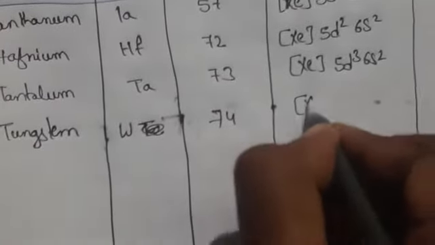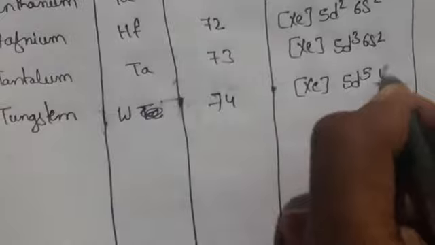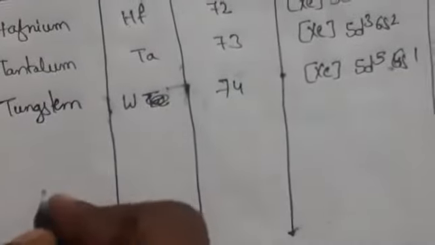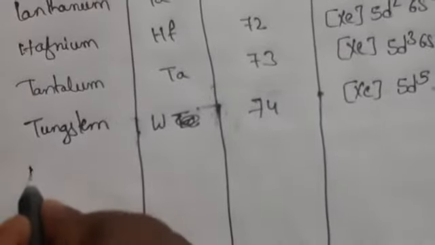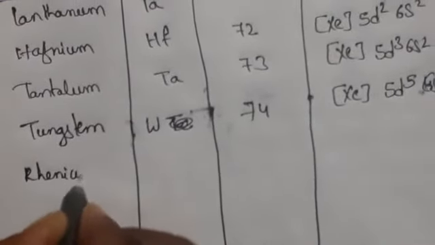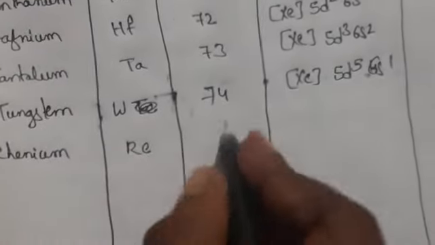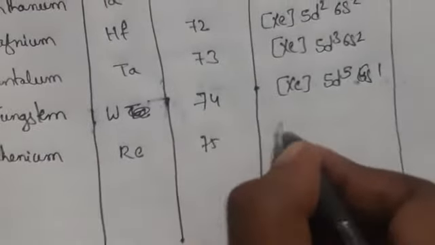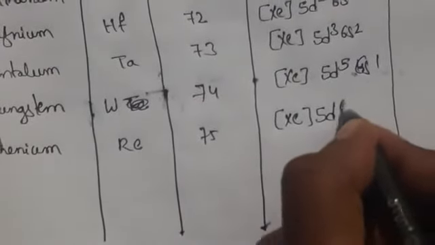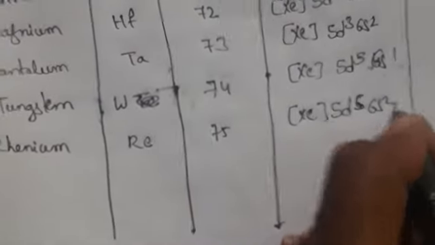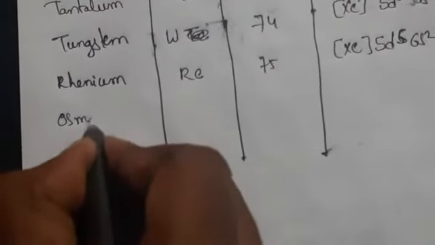It is also like chromium, xenon 5d5 6s1. Next one we are having rhenium. Rhenium symbol is Re 75, xenon 5d5 6s2. Next one we are having osmium.